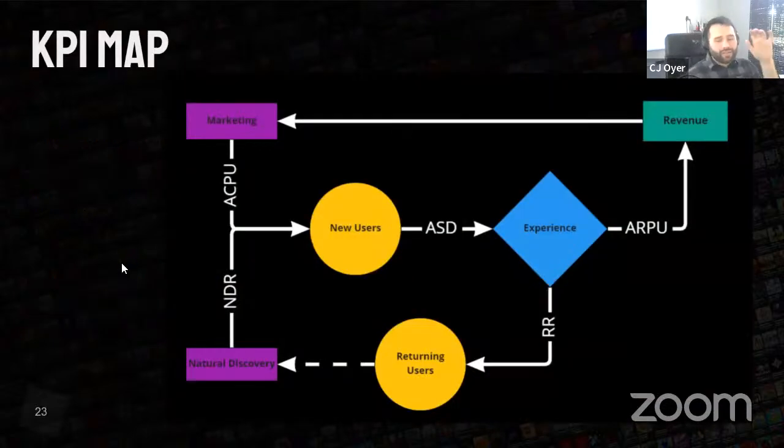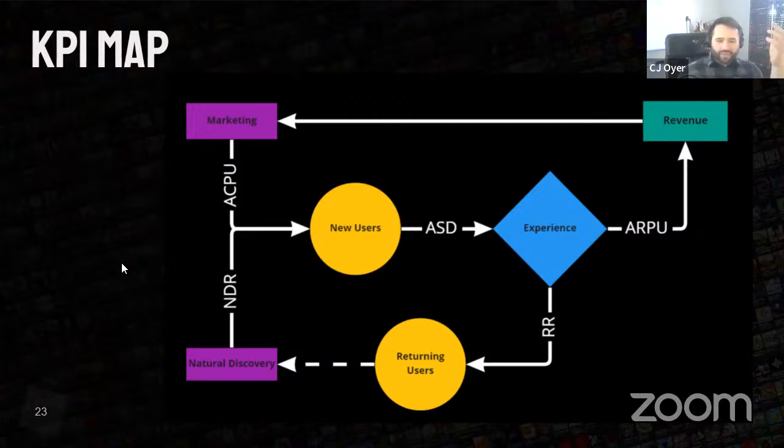And if we take the existing map we have, we can actually use key performance indicators to, in a way, translate the existing map into something we can track. Like, if the natural discovery rate increases, then you can almost imagine more users flowing in that direction.